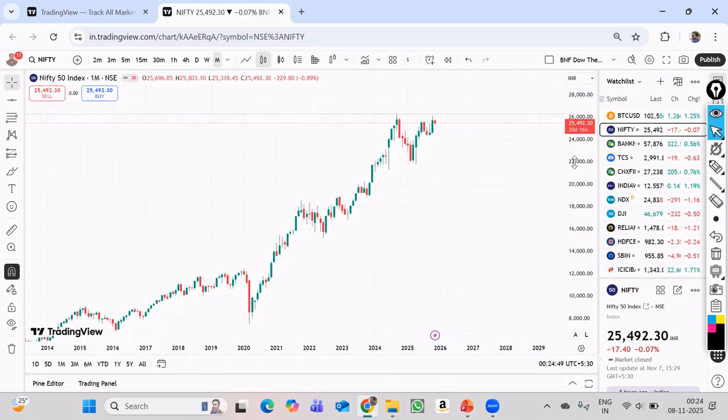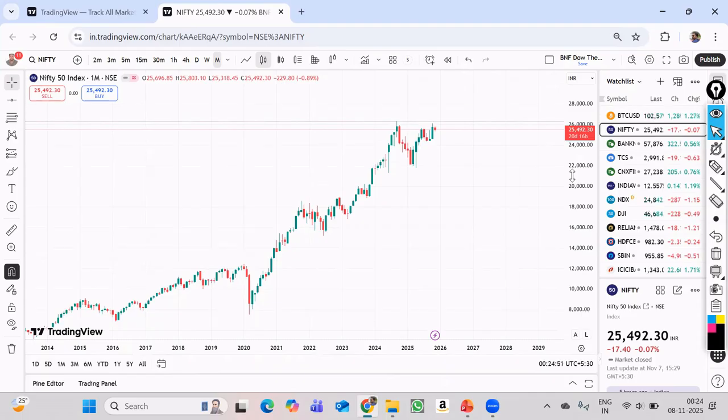So simultaneously, we'll also do the recap of the previous topics because this will help you understand how we're analyzing the higher time frame charts and how we're also using Fibonacci to take optimal trades.